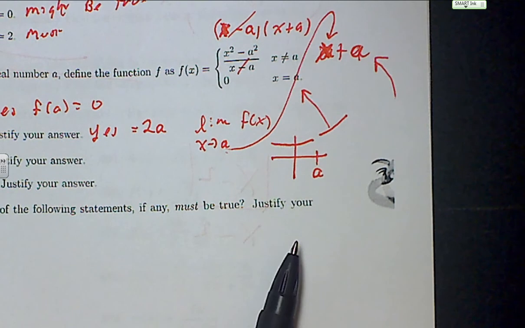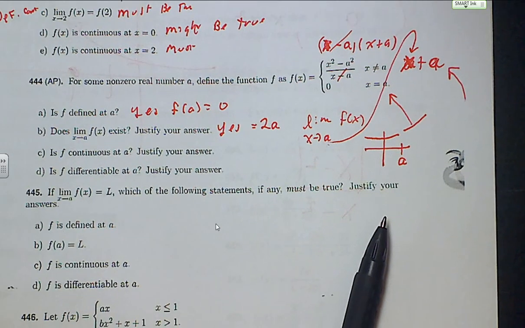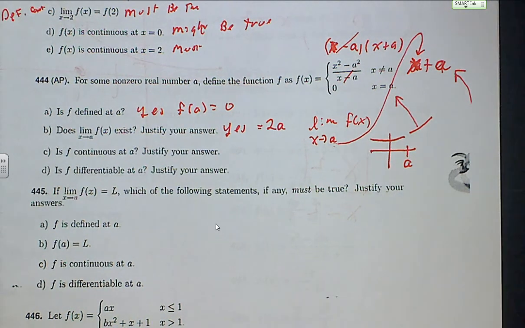Is f continuous at A? No. I have a no. If I have a don't know. If 2a equals 0, it would be continuous. We don't know that. So I would put maybe.